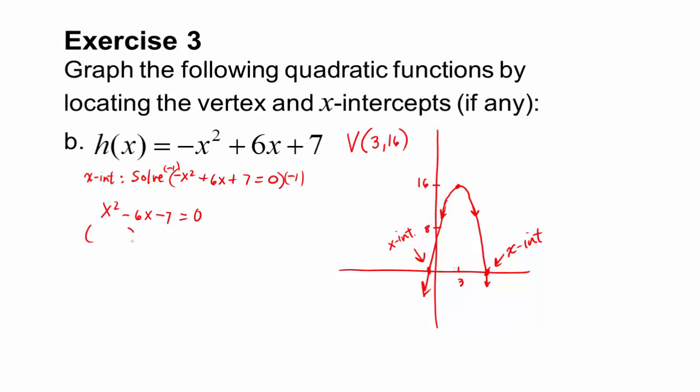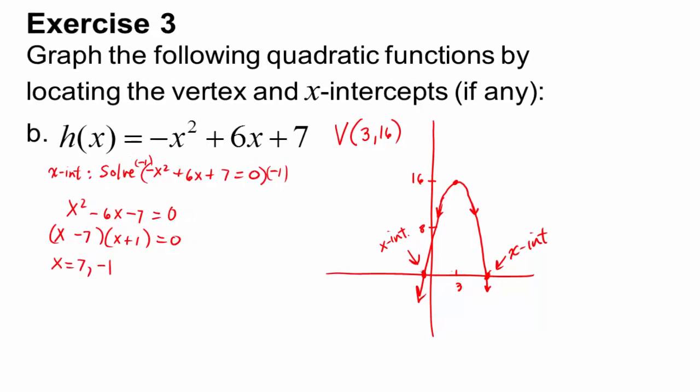So then we can factor this. What are the factors of -7 so that they add up to -6? That means you've got to have a -7 and a +1 here. And when you set each factor equal to 0, that means x is either 7 or x is equal to -1.